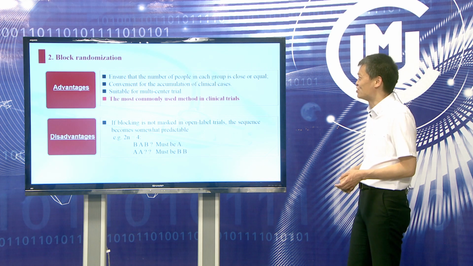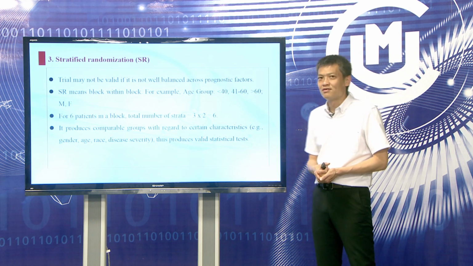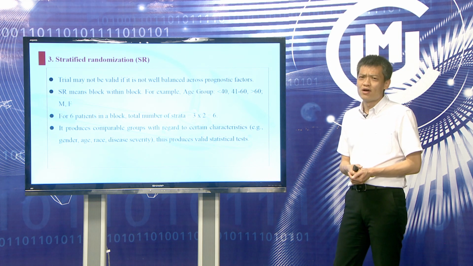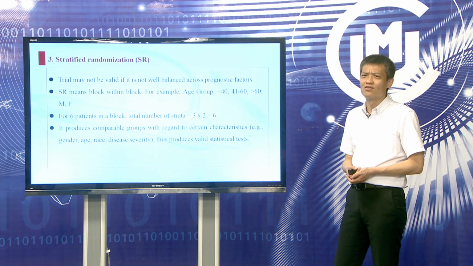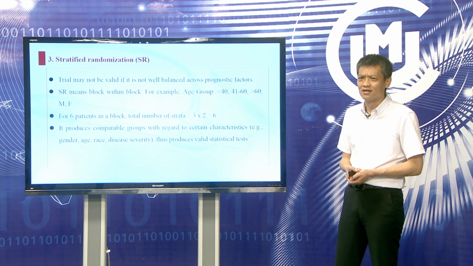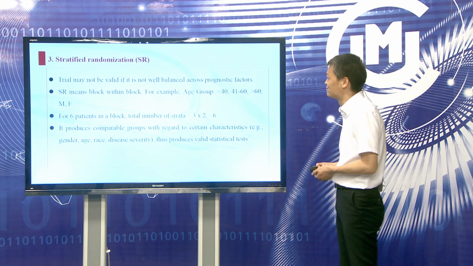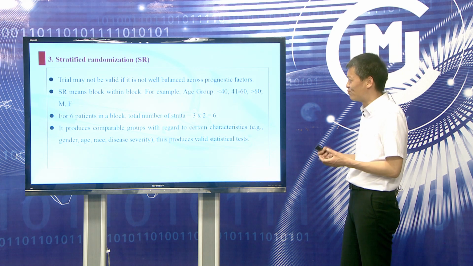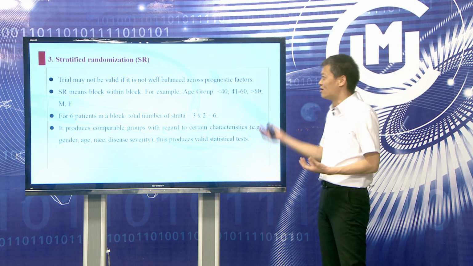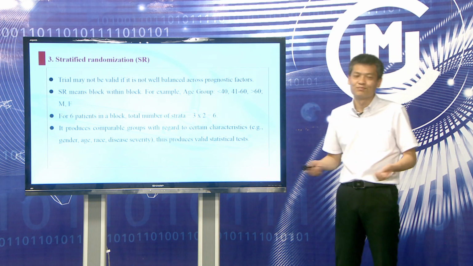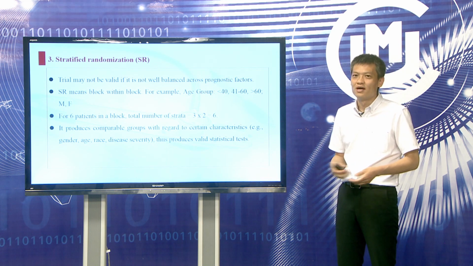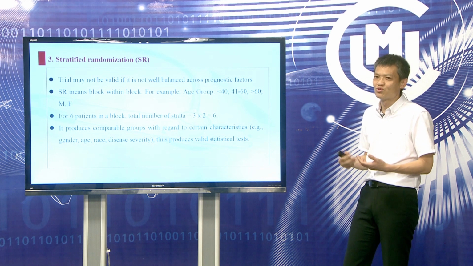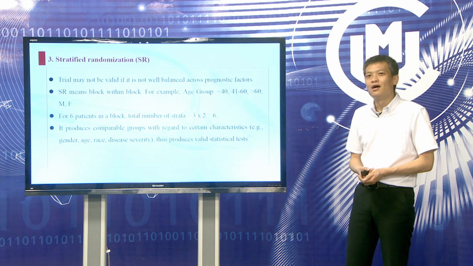The third method of randomization is stratified randomization. A trial may not be valid if it is not well balanced across prognostic factors. Stratified randomization means blocking within strata, for example, 3 age groups and 2 sex groups gives a total number of strata of 6.